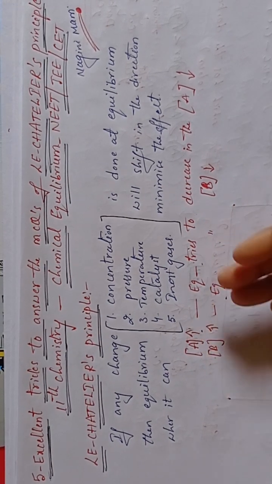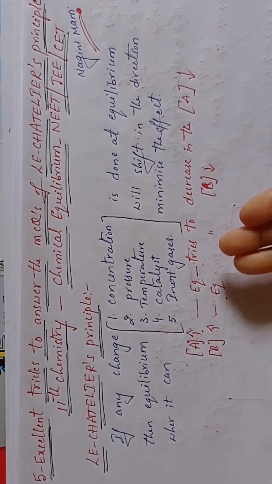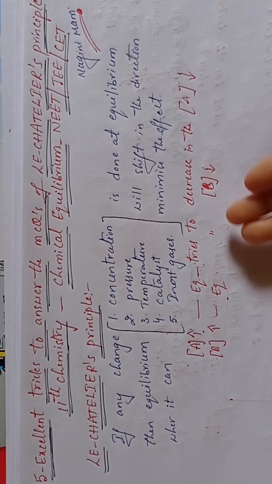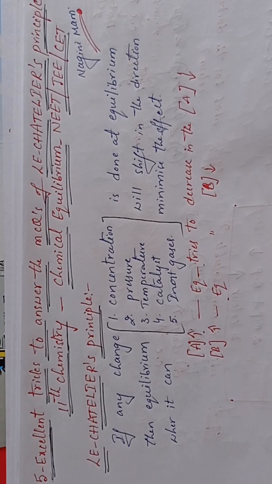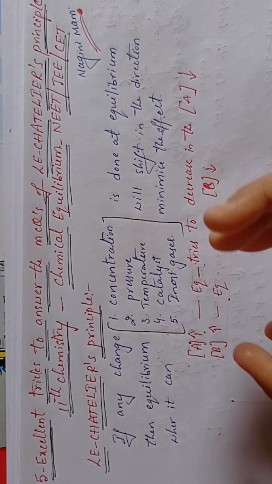If we increase the concentration of the product, the equilibrium tries to decrease the concentration of the product. Whatever conditions we change, the equilibrium minimizes that effect, and it gives a good yield of the product.